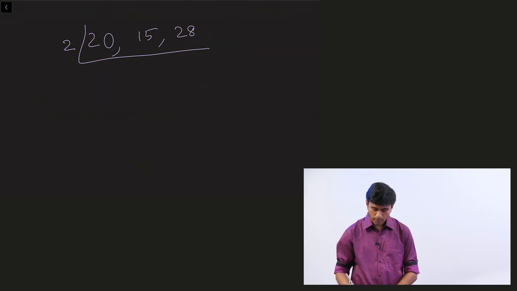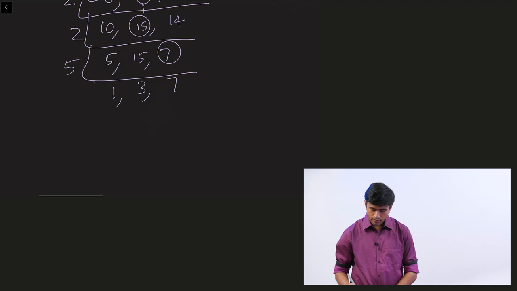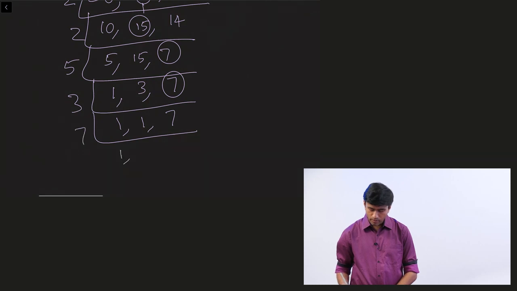2, 10, 15 is brought down as it is, 14, 2 5s are 10, 7s are 5, 1s are 3s are 7, 3, 7, 1, 1, 1.